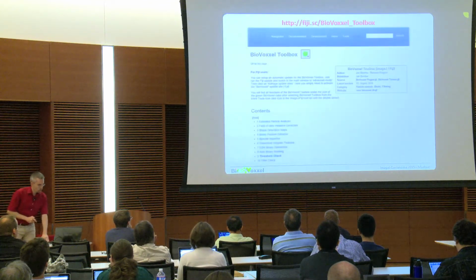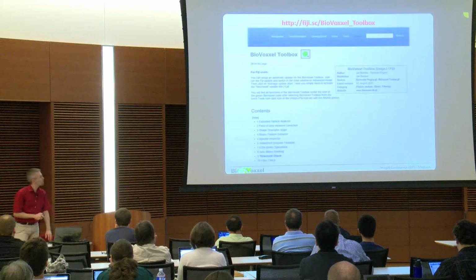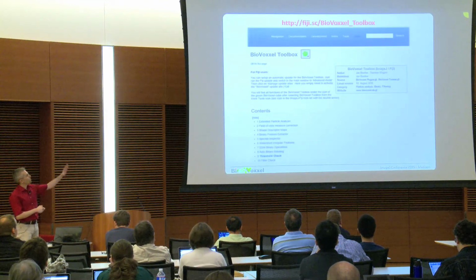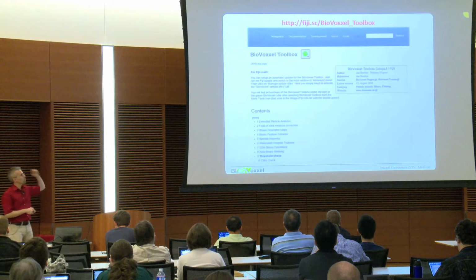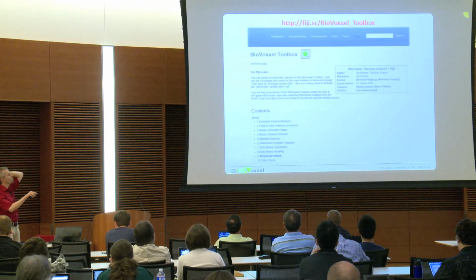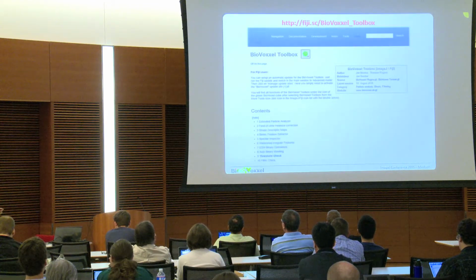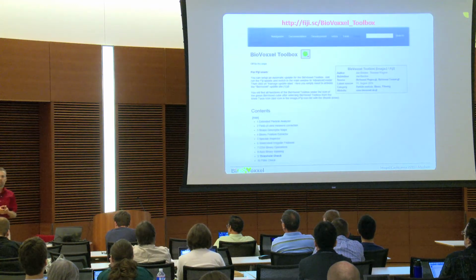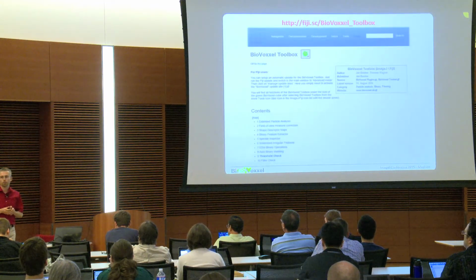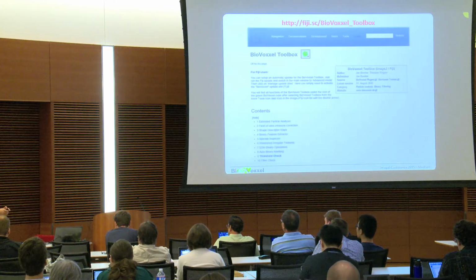So how is the time? If you have any basic things you want to look up for this toolbox, you can go to the Fiji homepage. There the BioVoxxel toolbox is available with all the options and short explanations. In general, if you find that something is not working, you find a bug, email me and I'll try to change that.